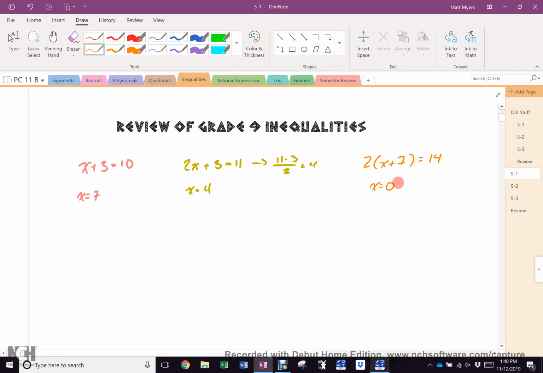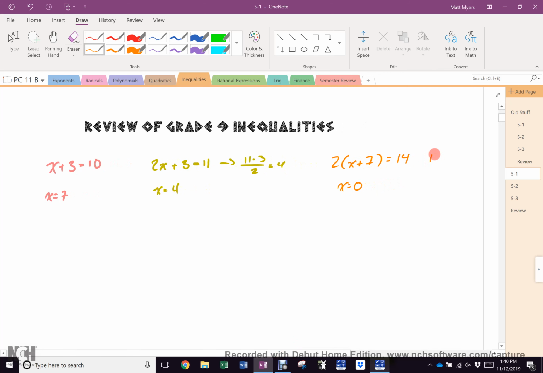X equals 0. Why? Because 14 divided by 2, you don't even need the brackets because you do BEDMAS, minus 7 equals 0. Everyone is good at algebra, yeah?